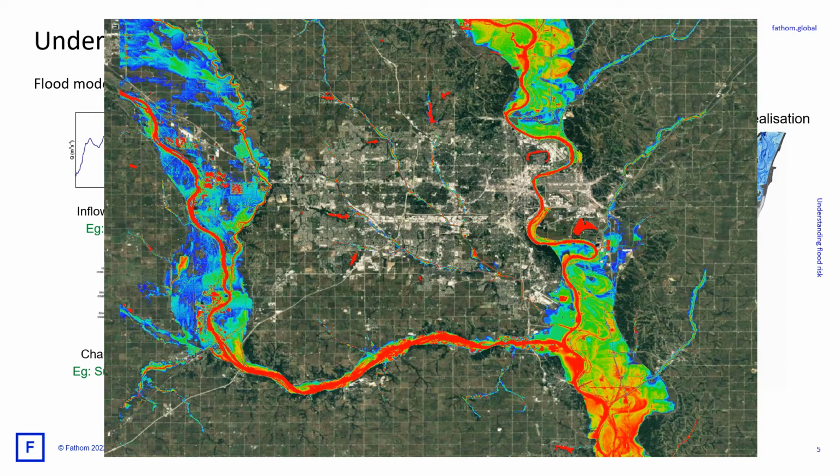So it's not just looking at specific events, but when you want to plan or look at asset resilience, large scale models can allow you to look at this over larger areas without having to do very detailed modelling. You can get a good understanding of the areas most at risk.